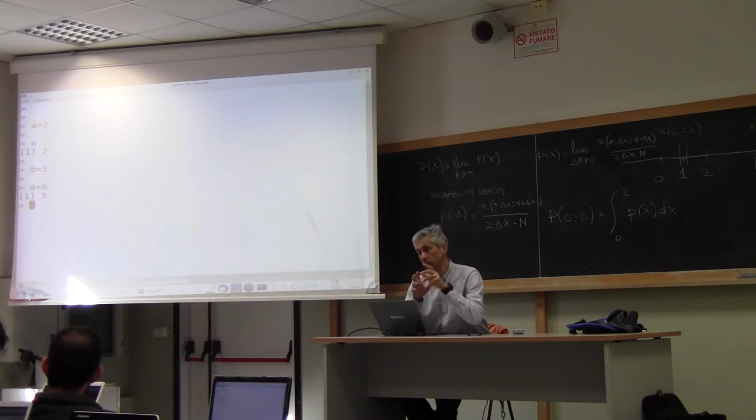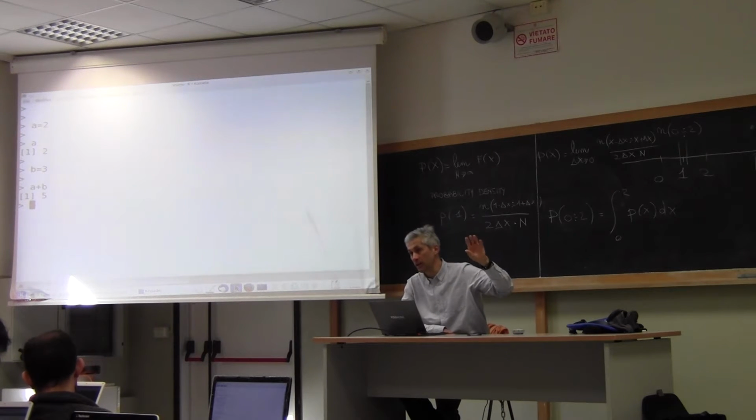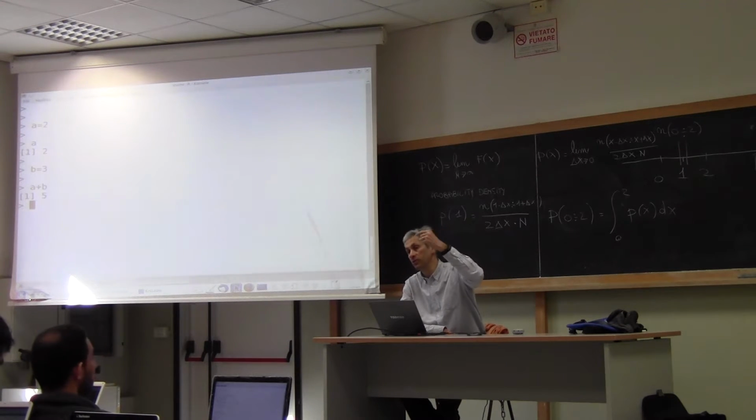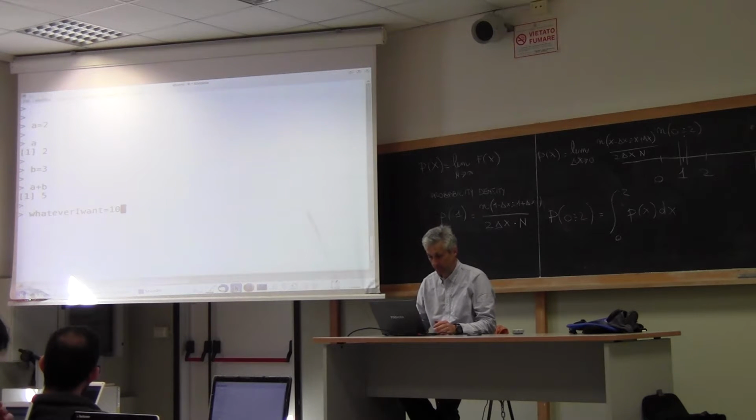It's like you do in Excel when you put values into the cells and then you work with the cells with formulas. The same thing here. Instead of putting a value into a cell, you assign the value to the variable. And the variable name can be whatever I want, equal to 10. You don't have limitations.